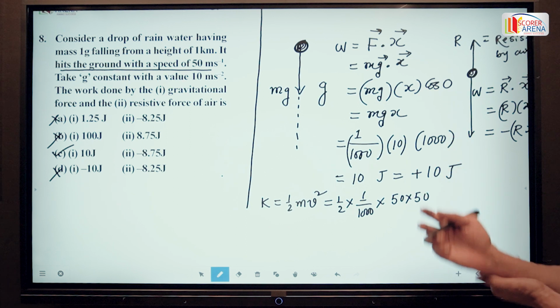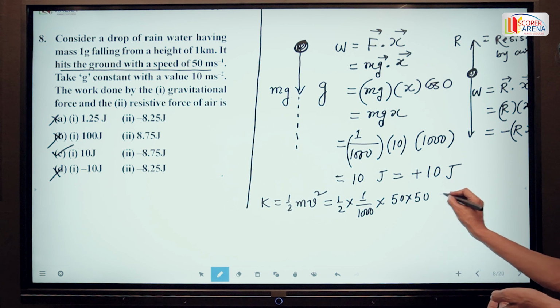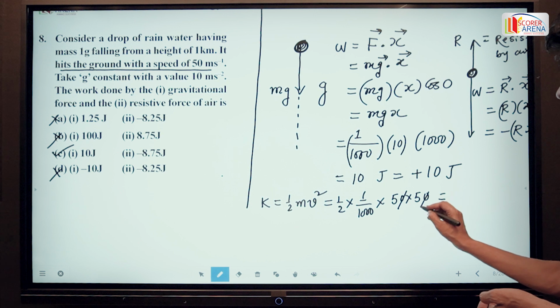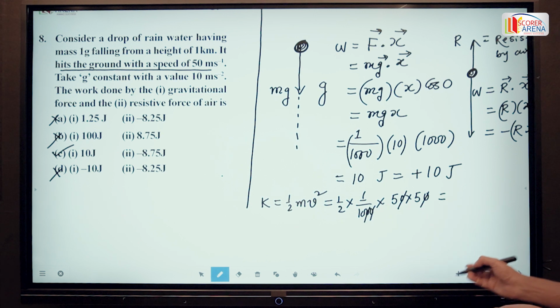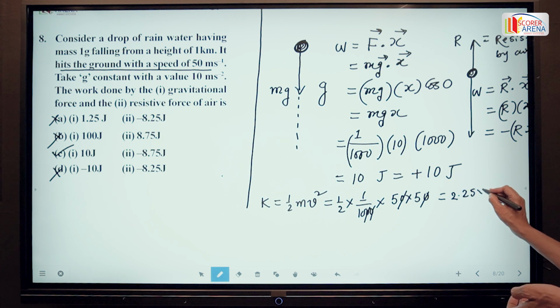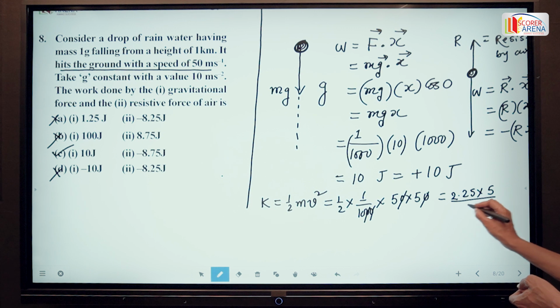So calculating this, on simplification it is 2.25 into 5 by 10.